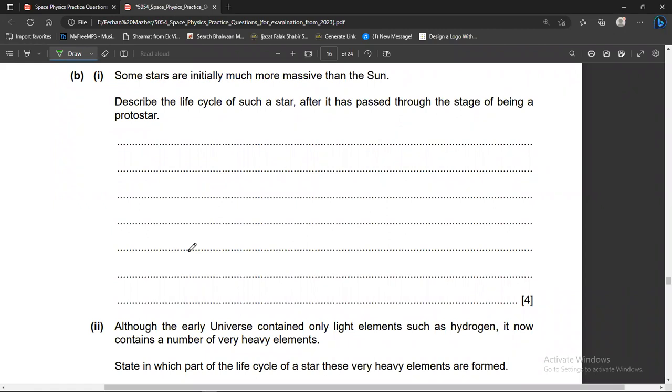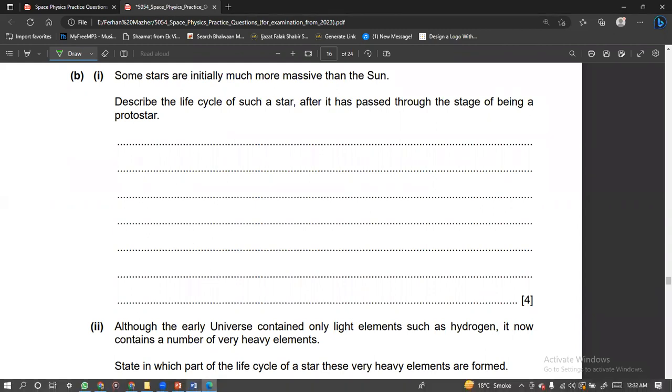So the B part of question 5: some stars are initially much more massive than the sun. Describe the life cycle of such a star. We are talking about a star which is more massive than our sun after it has passed through the stage of being a protostar.